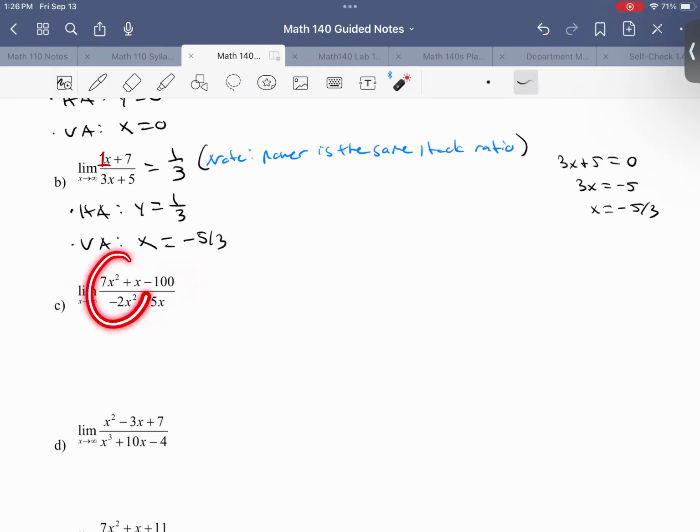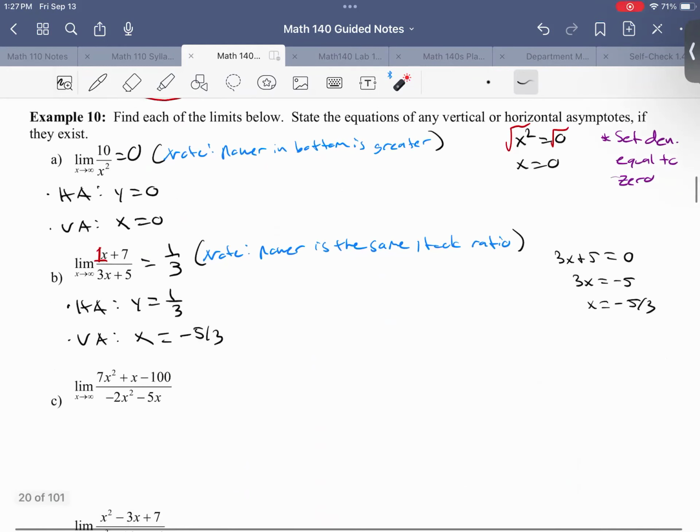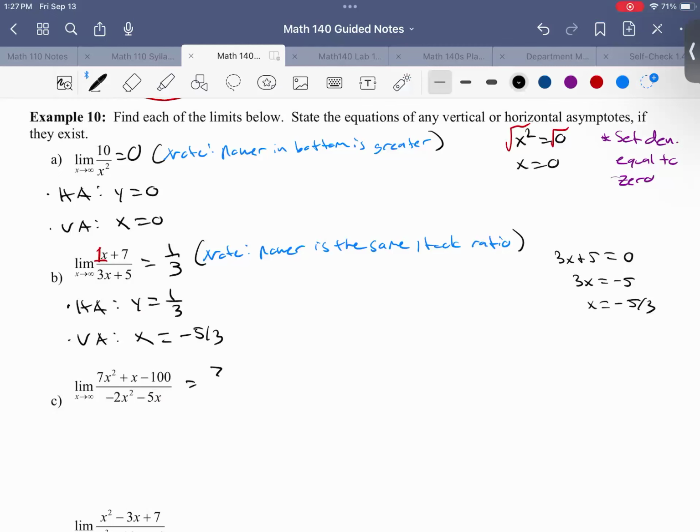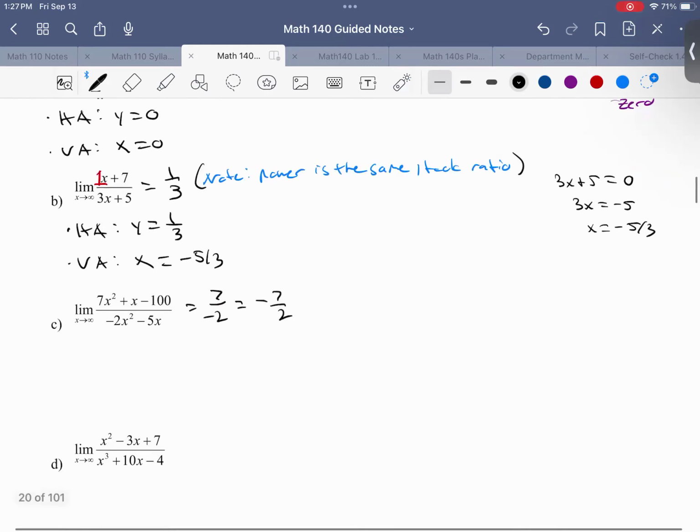So what happens with that? We are going to take the ratio of their coefficients. So the ratio of these is basically 7 over -2, which is just -7/2. And that's our limit. Okay. So once again, that means our horizontal asymptote is going to be -7/2.